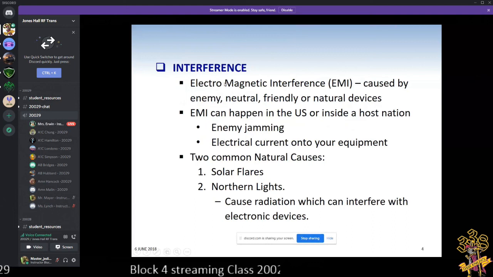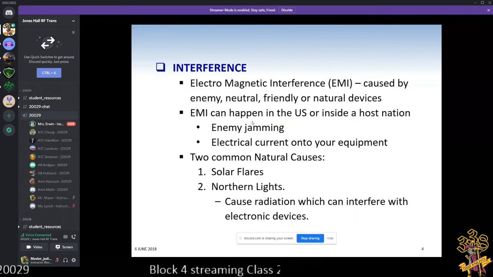Interference can be caused, again, by the enemy trying to jam you. It can be neutral or friendly forces. They may not even realize they're causing you a problem. Or it can be from natural causes. Again, solar flares, northern lights, lightning. So electromagnetic interference can happen inside the U.S. or inside a host nation, inside friendly areas or inside enemy areas.